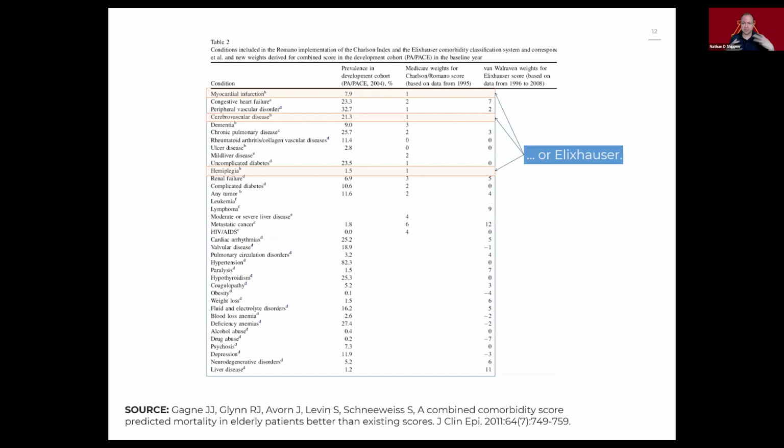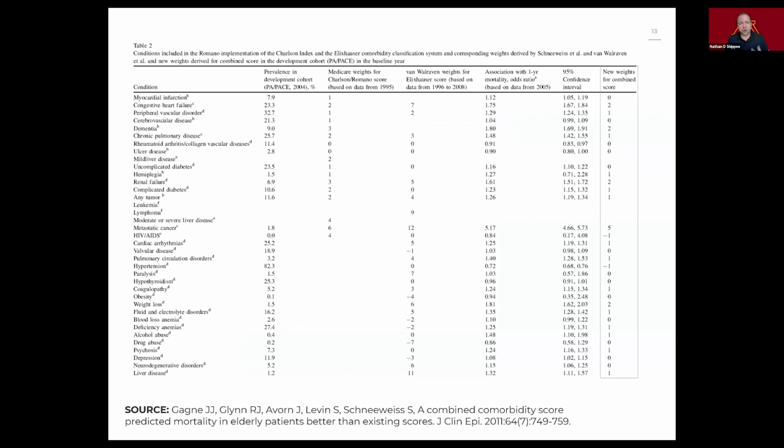And of course, Elixhauser is a longer list. So you take those all together, and then you score it. You create a score in the way that Charlson created a score. That is a weight based on outcome again. And so if you have a relative risk that's higher, the condition will be weighted more heavily and so on.